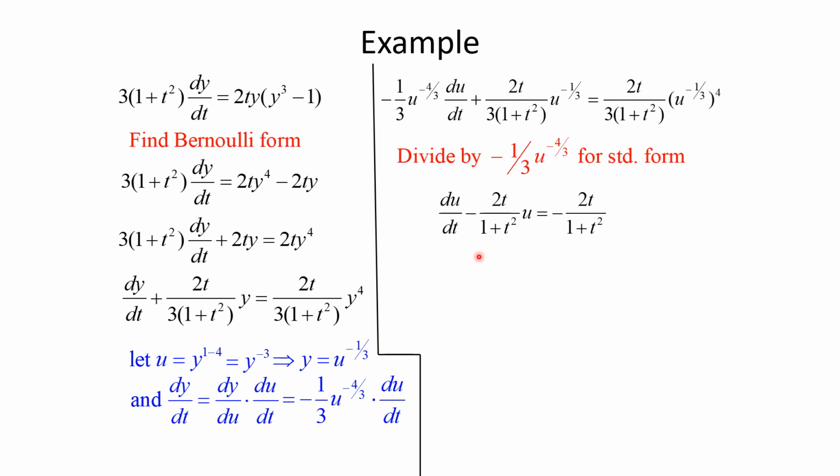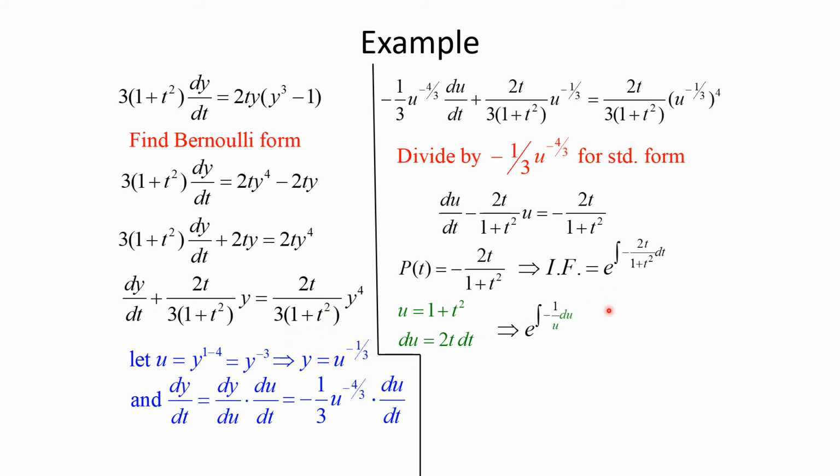Now that this is in standard form, we can identify our integrating factor. So p of t is negative 2t over 1 plus t squared. That means our integrating factor will be e raised to the integral of negative 2t over 1 plus t squared. If we use substitution, let's call it w. If w equals 1 plus t squared, then dw would equal 2t dt.